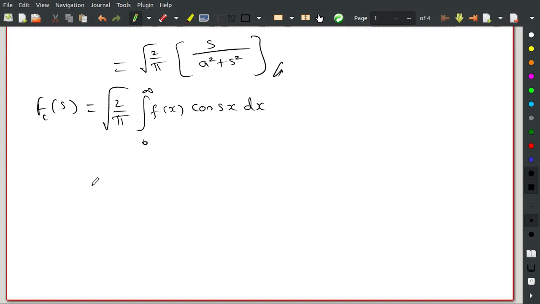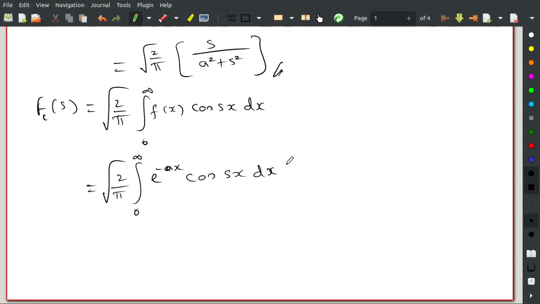Okay, and our f of x is e power minus ax, therefore we have root 2 by pi integral 0 to infinity e power minus ax cos sx dx.